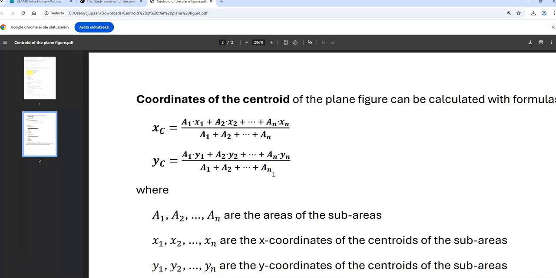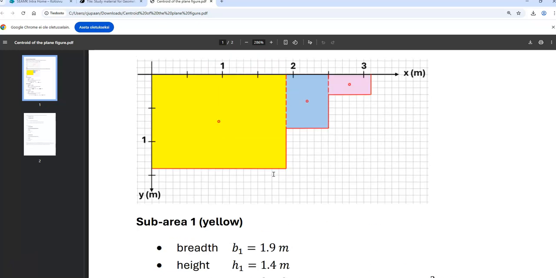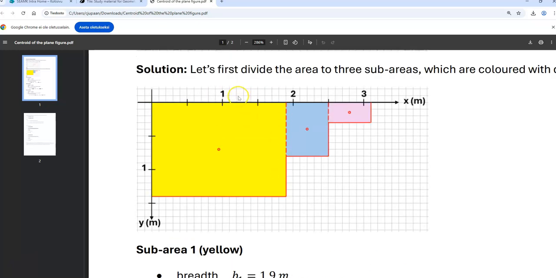And when we go to the original figure, that means that the center point would be about, was it 1.2, approximately the x coordinate, and the y coordinate was about 0.6. The cursor of my mouse is now approximately at the place of the centroid of that whole figure.